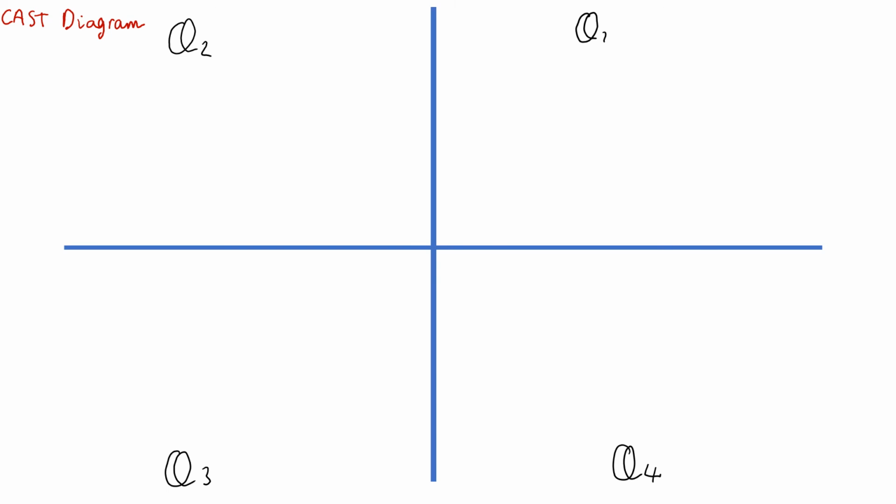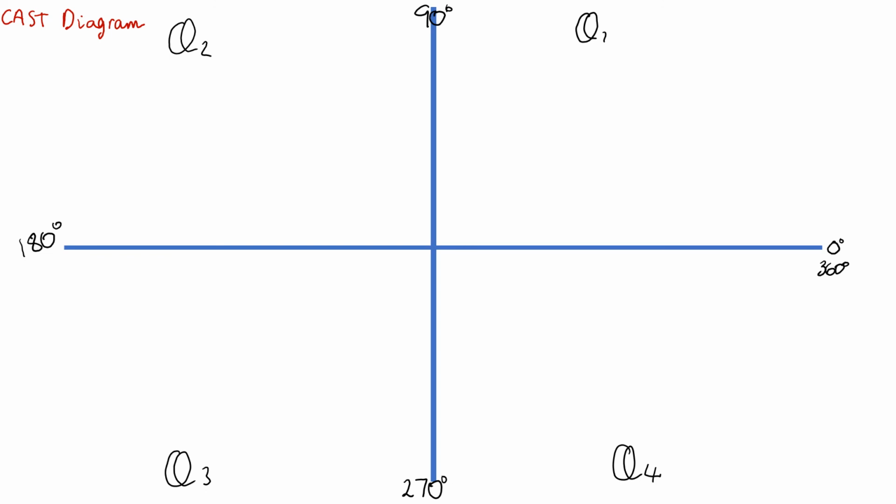In quadrant 1, we're going to start from this point here. Quadrant 1 had the values from 0 degrees up to 90 degrees. In quadrant 2, we went from 90 to 180. Quadrant 3, 180 to 270. And quadrant 4, 270 to 360.